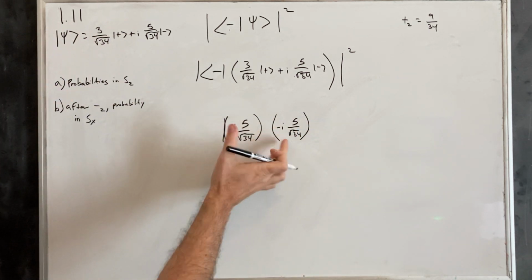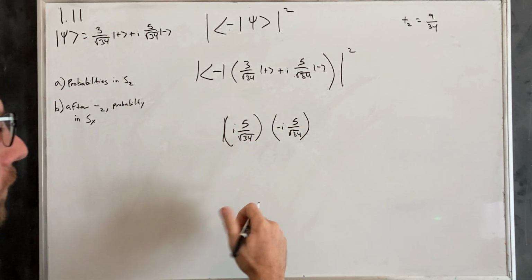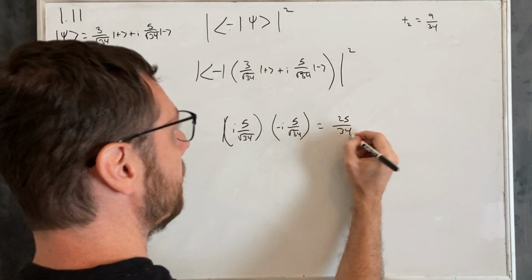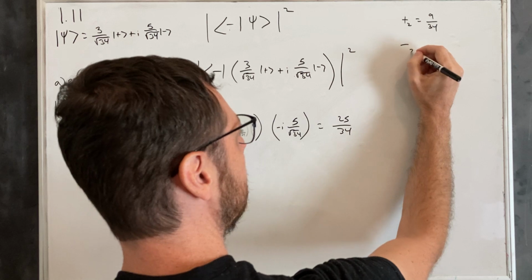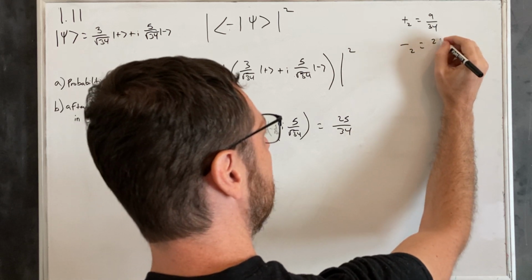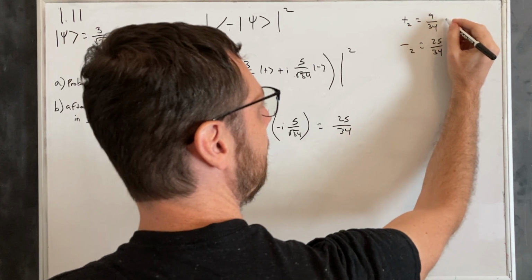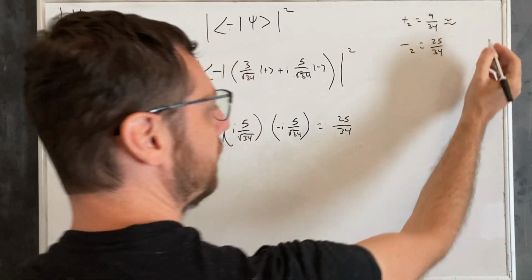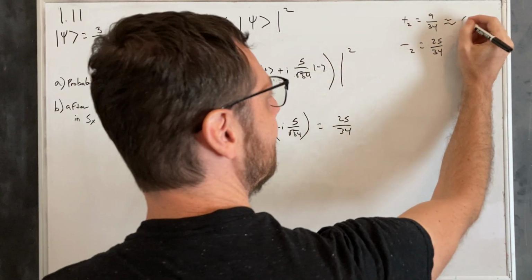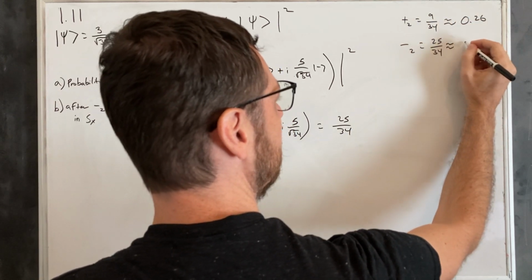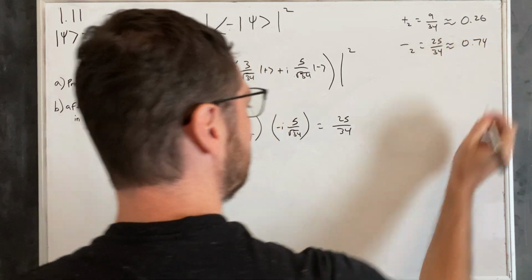The negative i times i is going to cancel out, it's going to be positive 1. So this is just going to be 25 over 34. So down in the z is going to be 25 over 34. And I believe if you were to put that in a calculator, it's going to be approximately 0.26. We'll need that later. And it's going to be approximately 0.74.